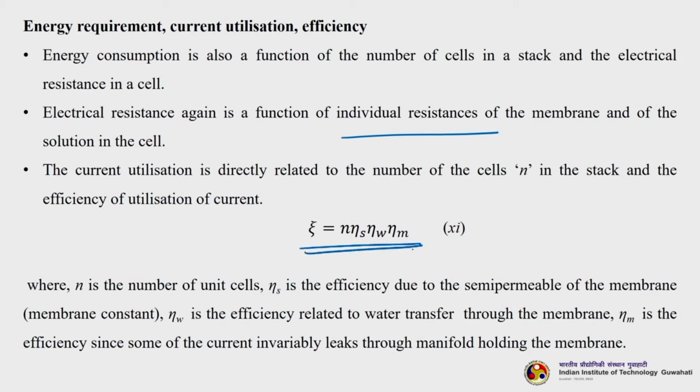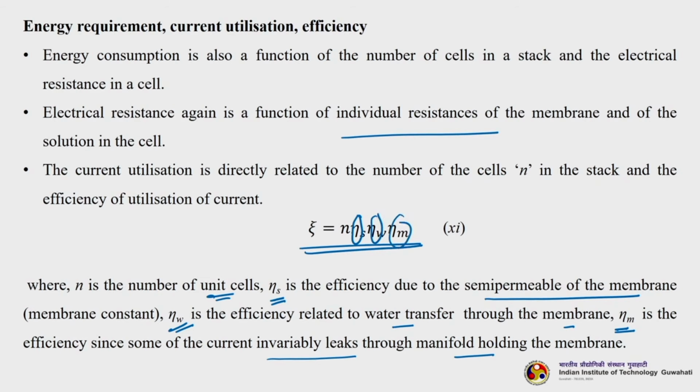So, you can write zeta equals n eta_s eta_w eta_m, where n is the number of unit cells, eta_s is the efficiency due to the semi-permeability of the membrane, that is, a membrane constant basically, eta_w is the efficiency related to water transfer through the membrane, and eta_m is the efficiency since some of the current invariably leaks through the manifold holding the membrane.